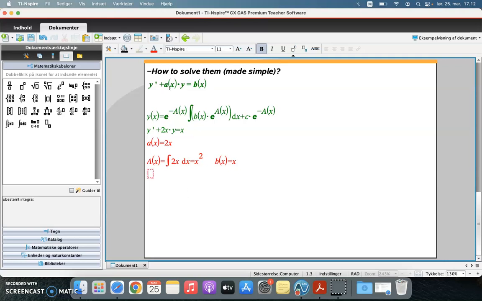So we have y(x) is equal to e to the power of capital A(x), which was x squared, multiplied by the integral of b(x), which was x, multiplied by e to the power of minus capital A(x) dx, plus C multiplied by e to the power of minus capital A(x).